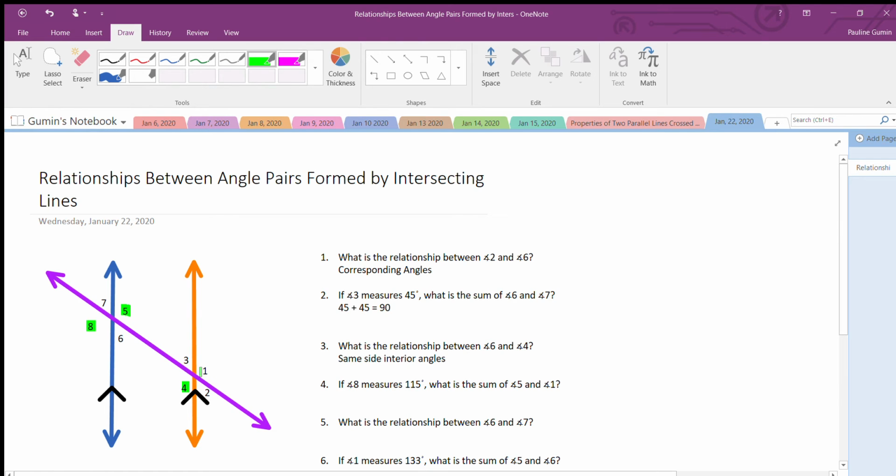And then we have angle 1, also 115 degrees. Well, great. Angle 5 I highlighted because it was also 115 degrees. So let's add 115 and 115, and we get 230 degrees.